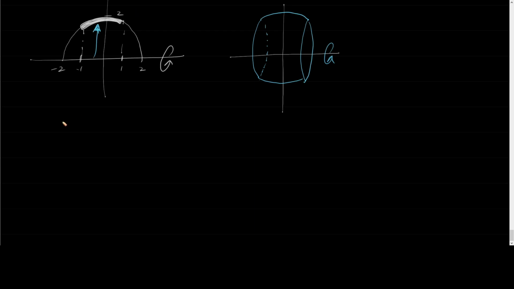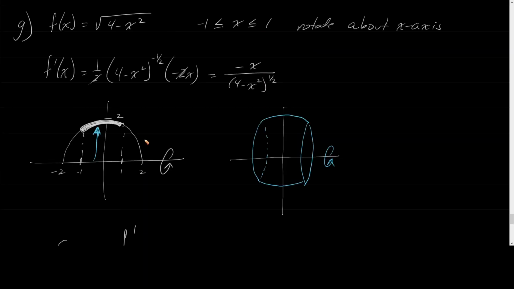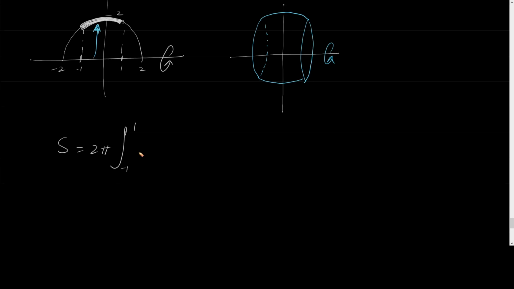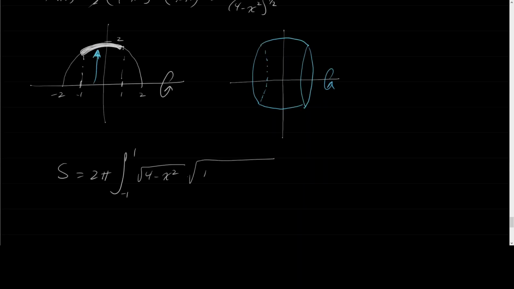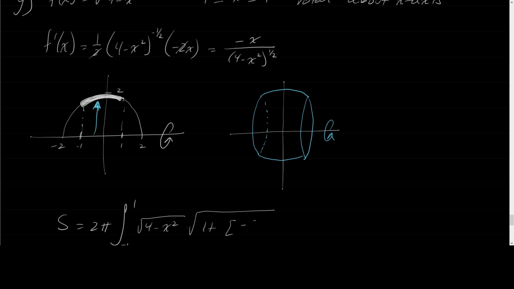So in here, well, what are we going to do? We're going to say that our surface area is going to be 2 pi, the integral from -1 to 1 of our radius function, which we just said was the square root of 4 minus x squared, times the square root of 1 plus f prime of x, which was that stuff over there. Let me make more space here.